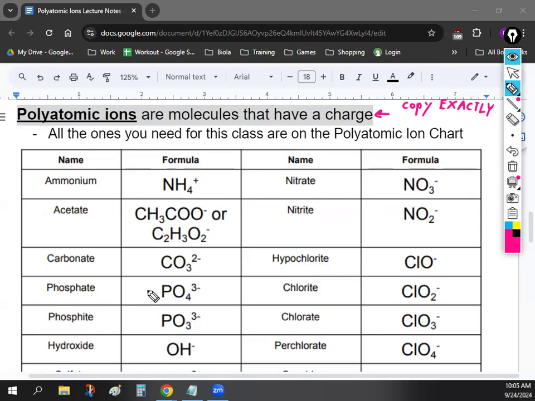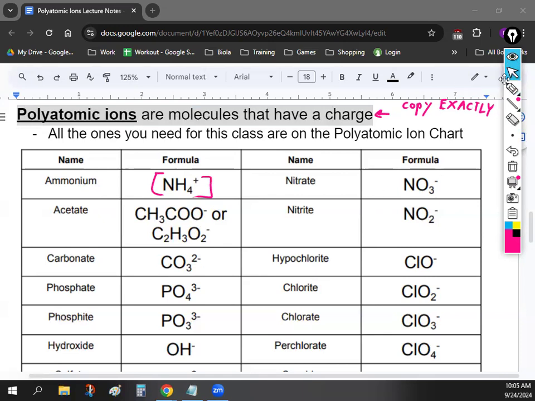You don't change the numbers. You want to copy exactly what's on this chart. You do not need to memorize this. You will have it available for all your assignments, the lab we're going to do on this, and your exam. You just need to copy these exactly the way they are.